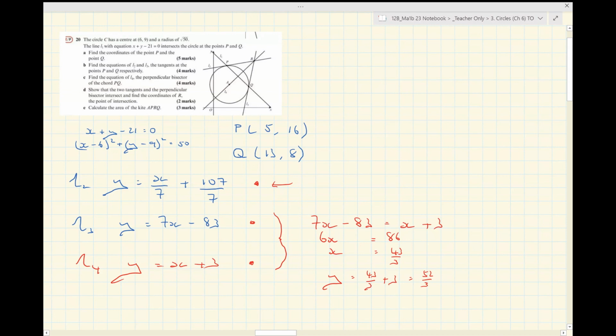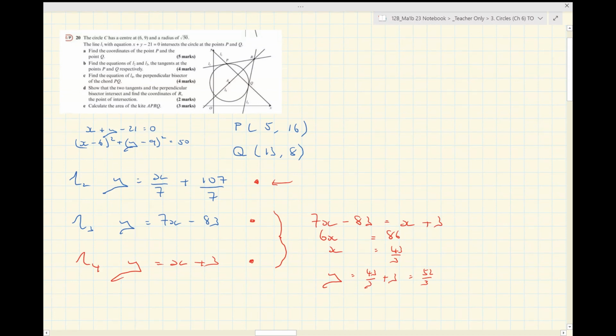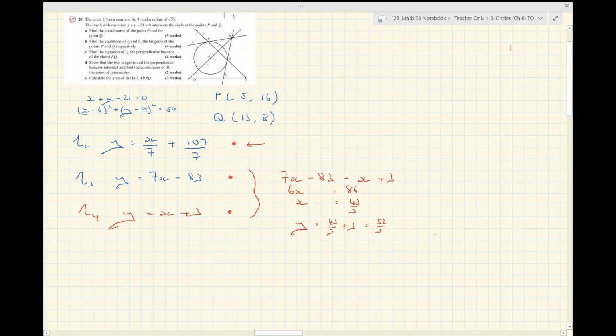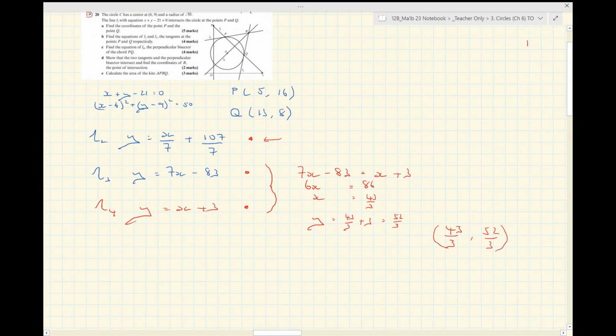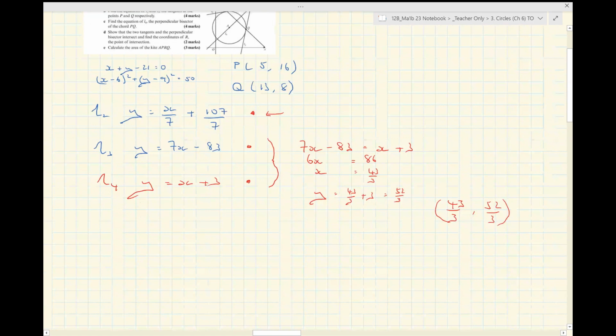So my two lines L3 and L4 intersect at the point 43 over 3, 52 over 3. And if I'm going to show that all three lines intersect, I simply have to show that this point is also on the line L2.